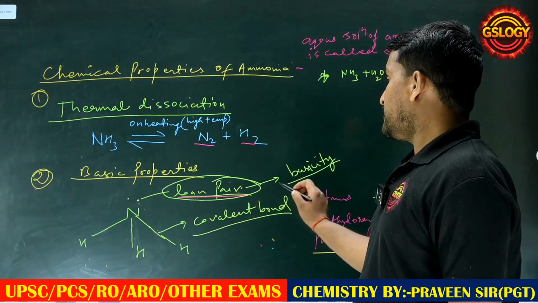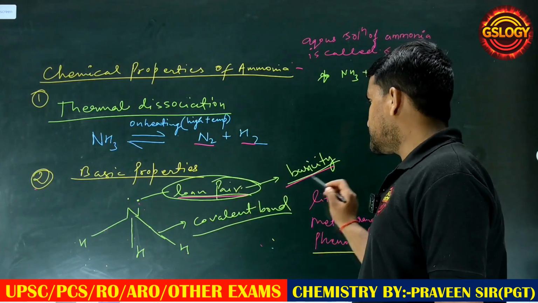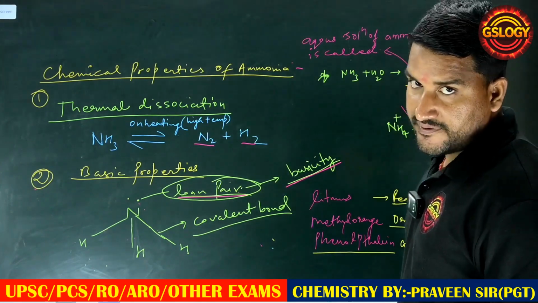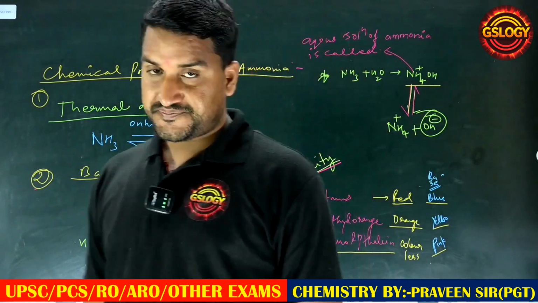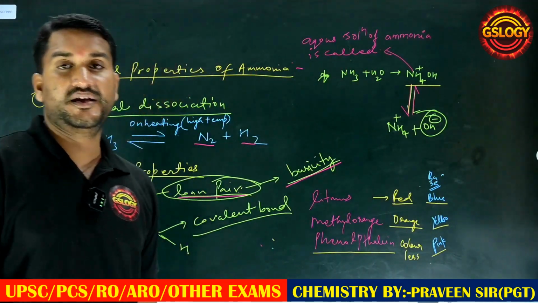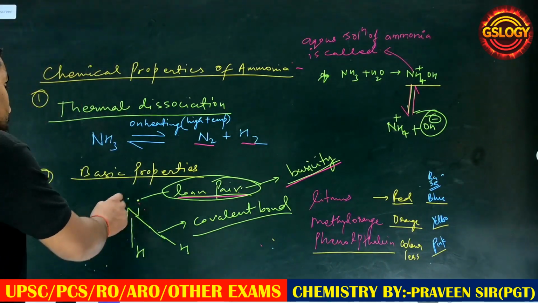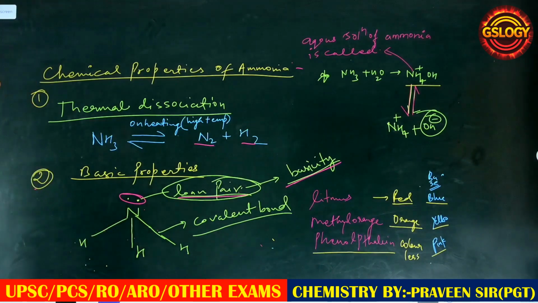So the lone pair shows the basicity. Clear everyone? Ammonia is basic in nature, and the basic nature is due to the presence of the lone pair on the nitrogen atom.